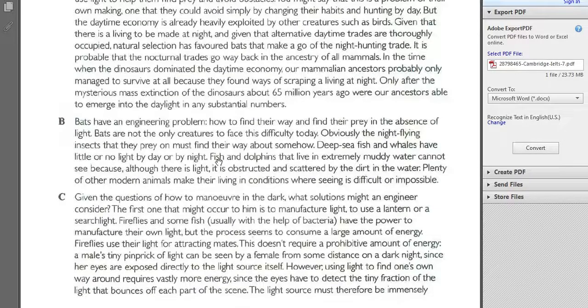Certainly there's information about fish and dolphins and some other deep sea fishes, and here this is about night flying insects, so clearly it's talking about animals. So what does that mean? That means that if I see a question about animals, then I might go to paragraph B.